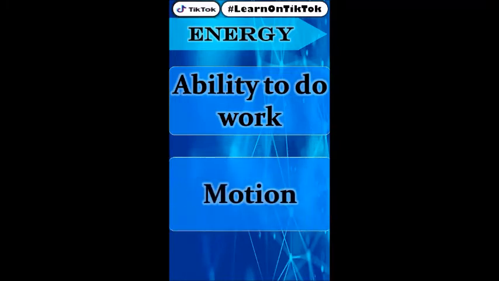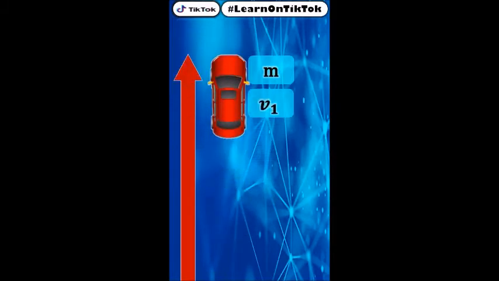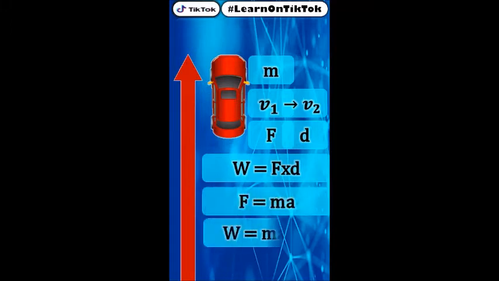To derive the quantitative equation for kinetic energy, consider this example. A car with mass m is moving in a straight road with an initial speed v1. It accelerates uniformly to a speed v2 by a constant force exerted on it parallel to its motion over a displacement d. Work is equal to force multiplied by displacement, while force is equal to mass times acceleration. Therefore, work is equal to mass times acceleration times displacement.